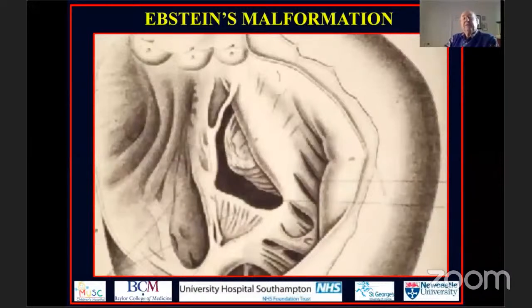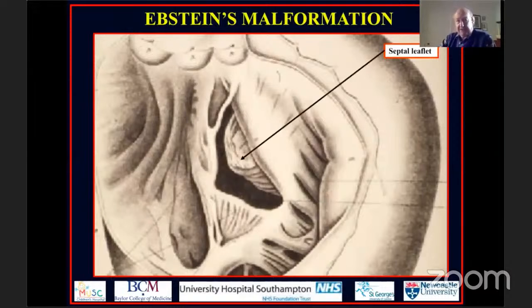So let's return to the heart of Joseph Brescia, because on the basis of what I've just told you, you can see the key difference between the majority of cases of Ebstein's malformation and the normal tricuspid valve.